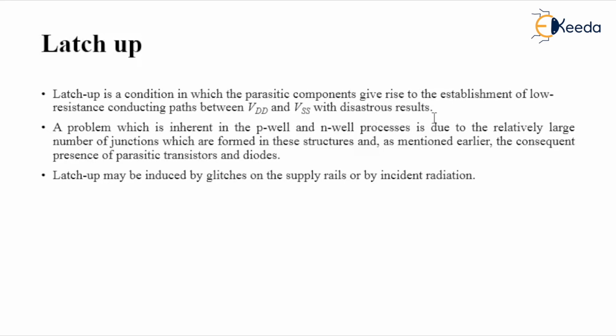A problem which is inherent in the P well and N well processes is due to the relatively large number of junctions which are formed in these structures, and as mentioned earlier, the consequent presence of parasitic transistors and diodes.